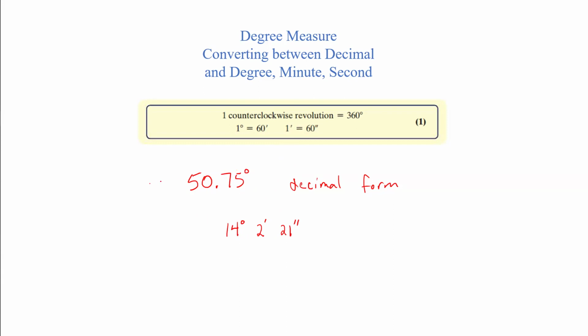So I should figure out how I can change this into degrees, minutes, seconds, and then how I can change this into its equivalent decimal form. Okay, so those are our two formats.